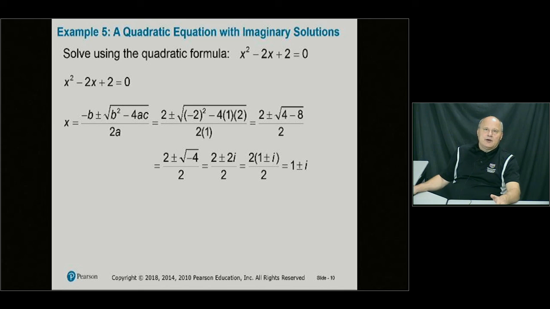What's the square root of negative 4? 2i. So it's going to be 2 plus or minus 2i divided by 2. The quadratic formula is really nice as long as you know the formula. The formula is not one of those things you can be close at.